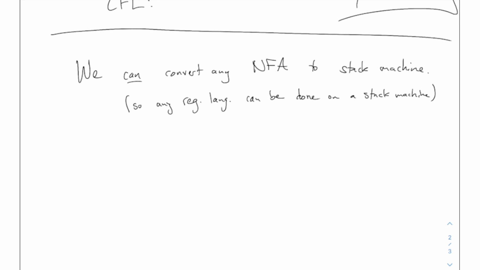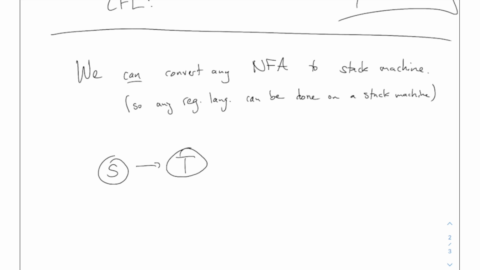All right. And how to do this? You have to think about the fact that we think of the stack machine as a machine which has a certain type of memory. It can remember things in a stack, right? The NFA, though, let's just do an example. I will draw an NFA here.